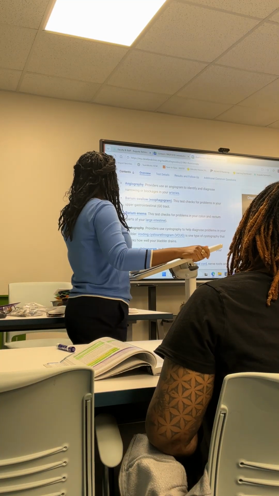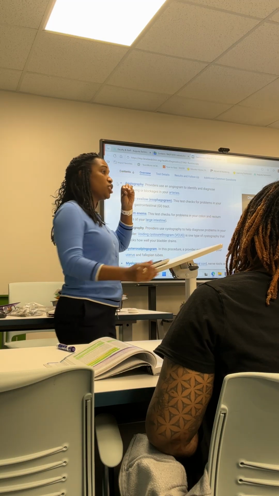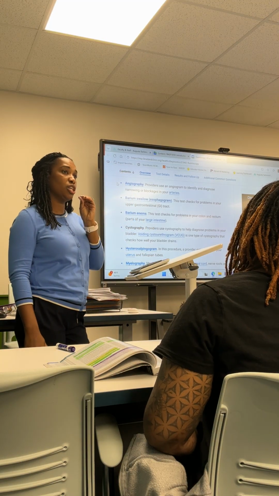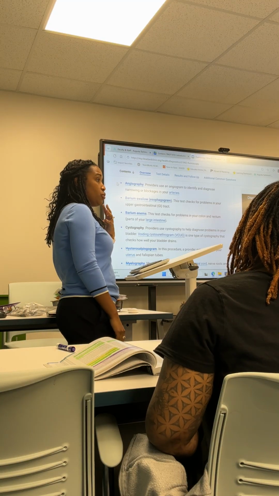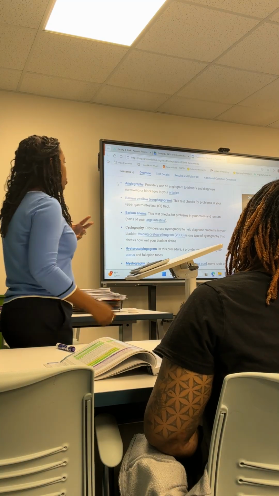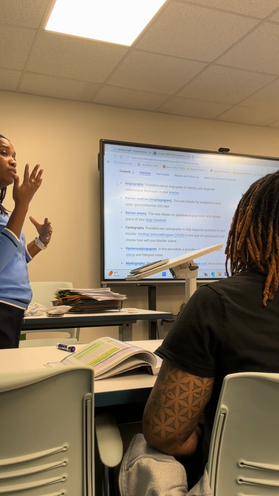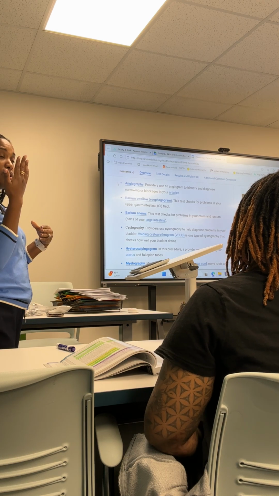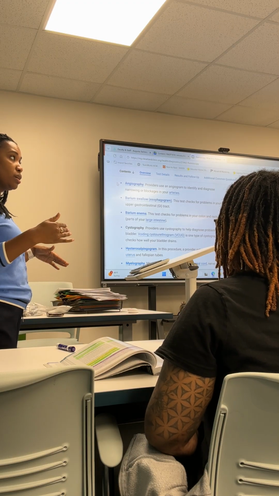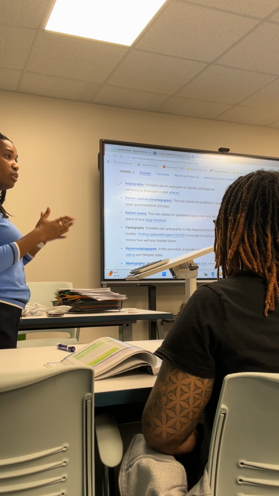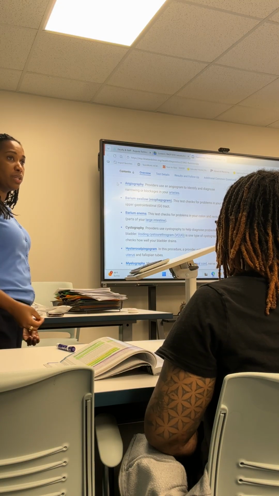And then cystography. Do y'all remember, cysto, what is that in med terminology? Cysto means bladder. So if they're doing a cystogram, they're going to put a catheter in the patient's urethra, and then inject contrast. It's going to go up into the bladder, and then they're going to let it come back out.